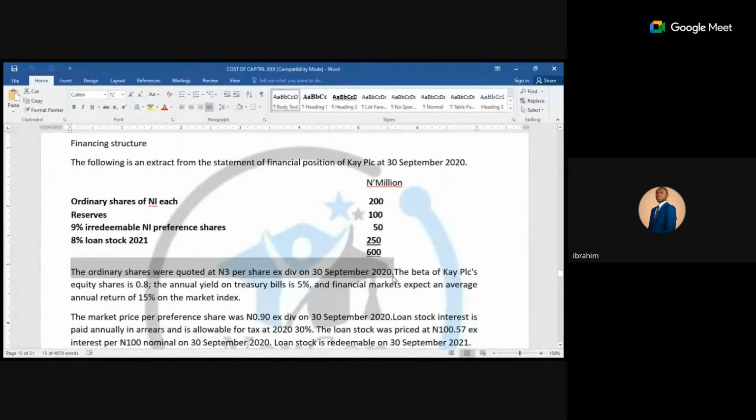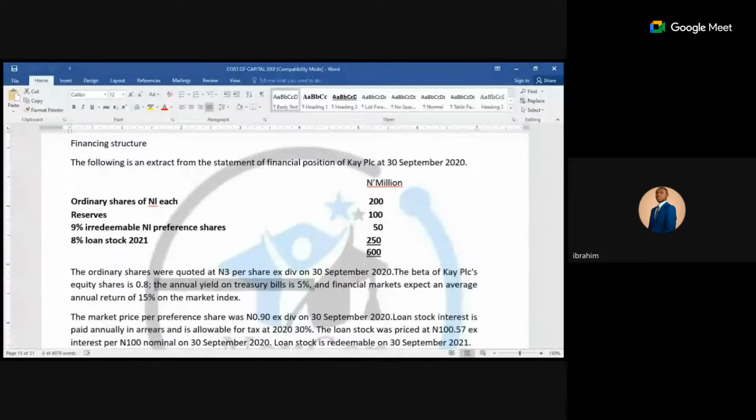Now, the beta of KPLC equity shares is 0.8. Can you see that the equity beta is 0.8? The annual yield on treasury bill. Another name for treasury bill is what?